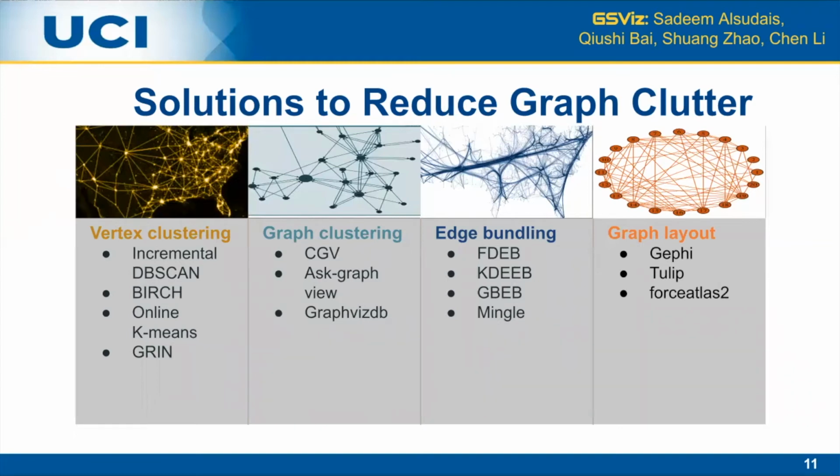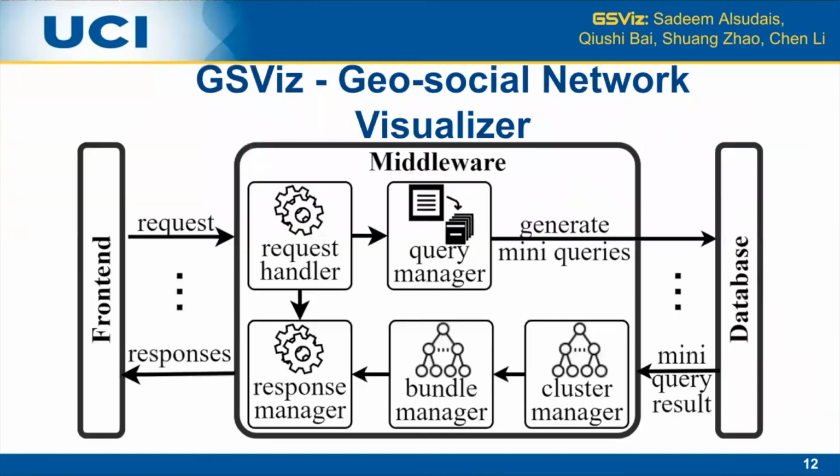Edge bundling works do not reduce the number of objects on the screen, but they group the edges together in a bundle to increase the white space. These solutions also cannot be directly applied to solve our problem because they are not incremental. Finally, graph layout algorithms try to reduce the number of edge crossings.